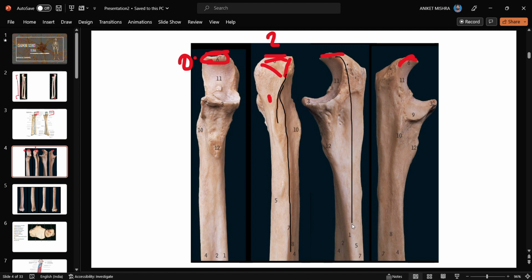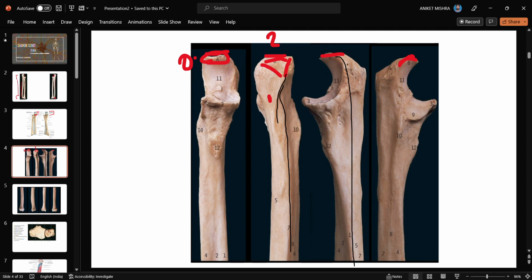This is the medial border of the shaft. When we see the lateral surface, the lateral surface is smooth, as we can see here, and it continues as the posterior border of the shaft.